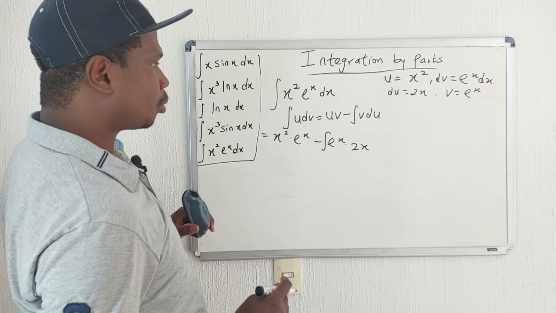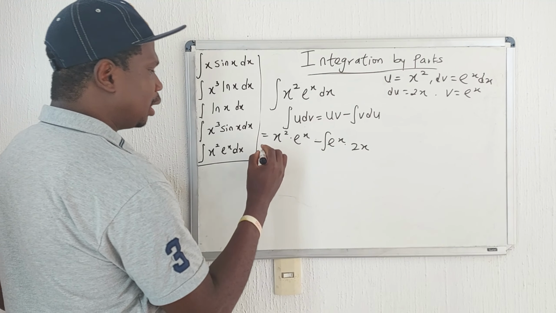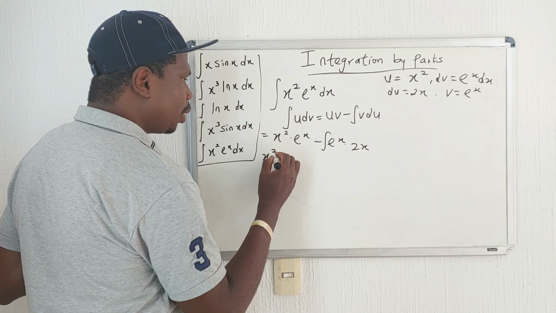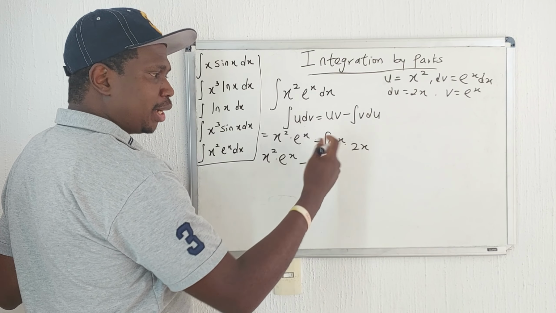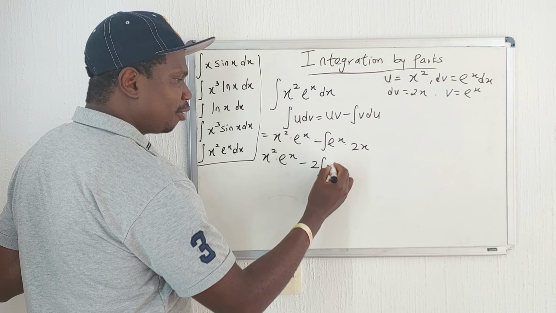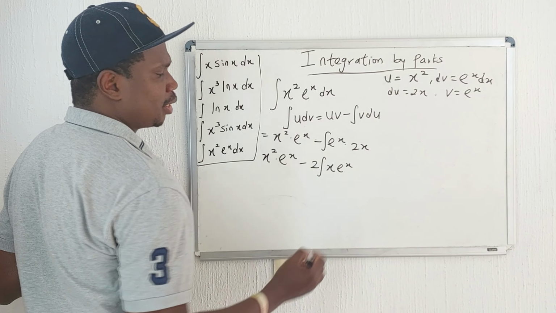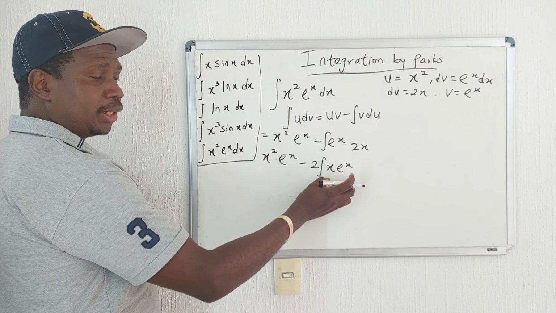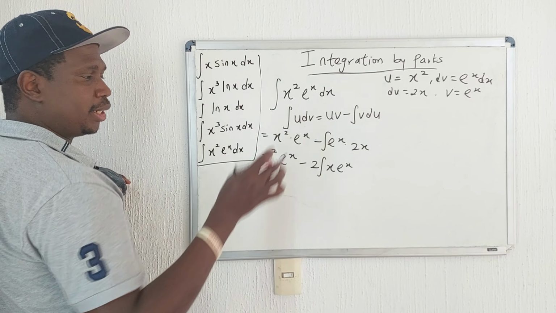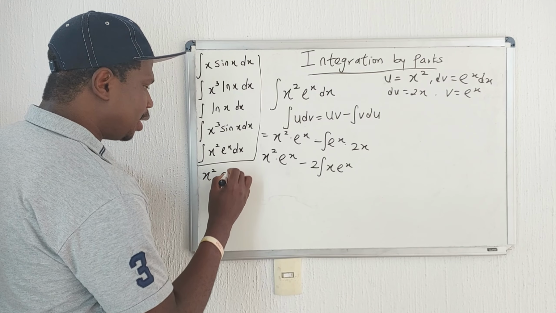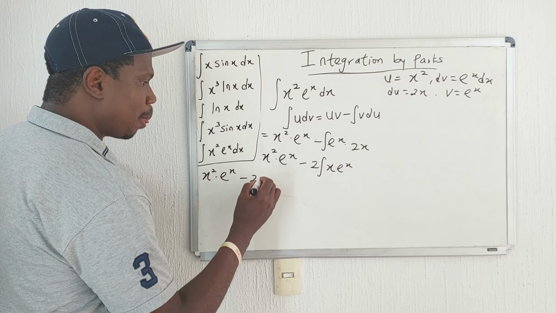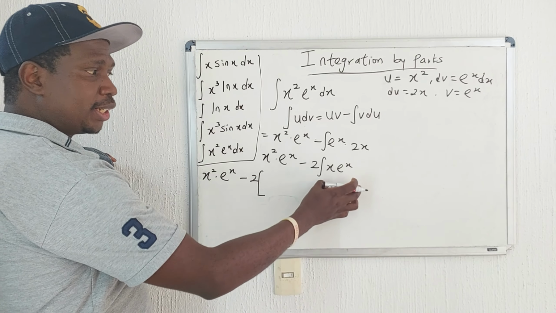2x. So simplifying this further, I have x squared e to the x minus, I can bring out the constant, 2 integral of x e to the x. So I have another function again, two functions, I can use by parts again. So I say x squared e to the x minus 2, and open bracket because I want to integrate again.